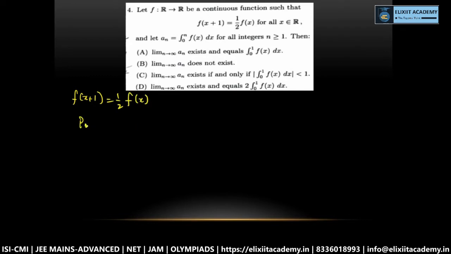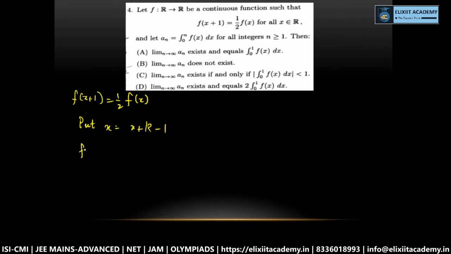So now what you are going to do is put x equals x plus k minus 1. Now why shall we put this in the form of x plus k minus 1? The reason is this will then be in the form of x plus k, and then we can use the iteration process to find the general relation.